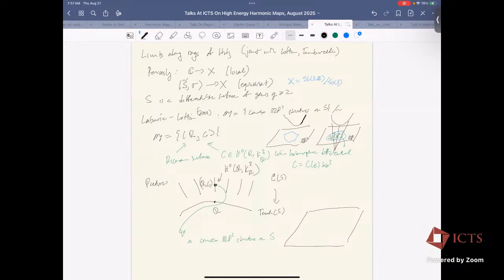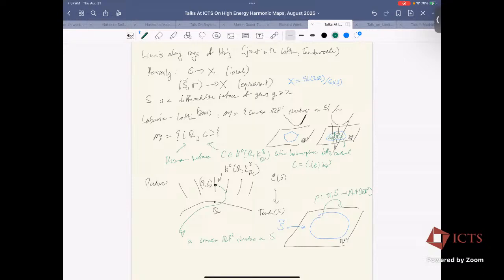So I have this structure and acting on this, and so there's a map from the universal cover into RP2, which means that there is some action on this space by a representation of pi 1 of S into the automorphisms of RP2.